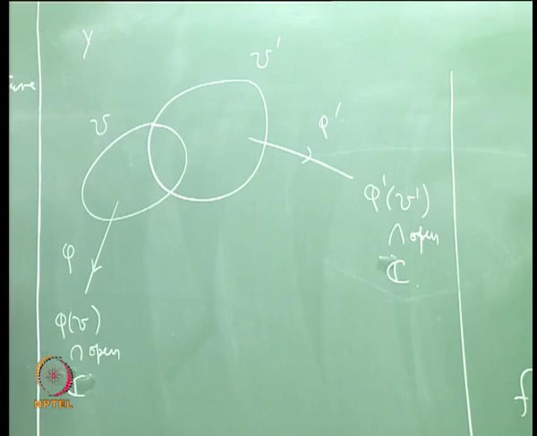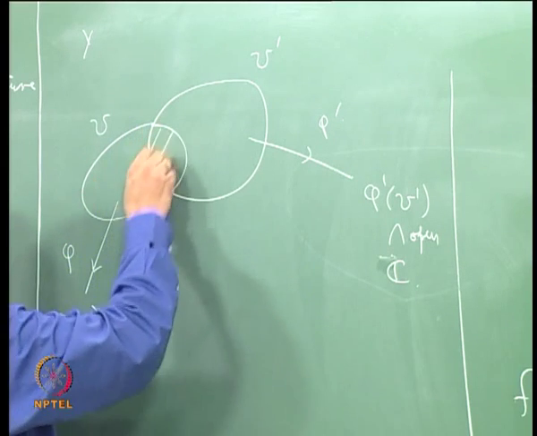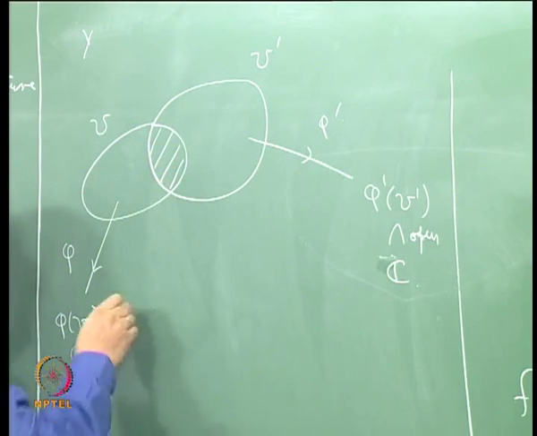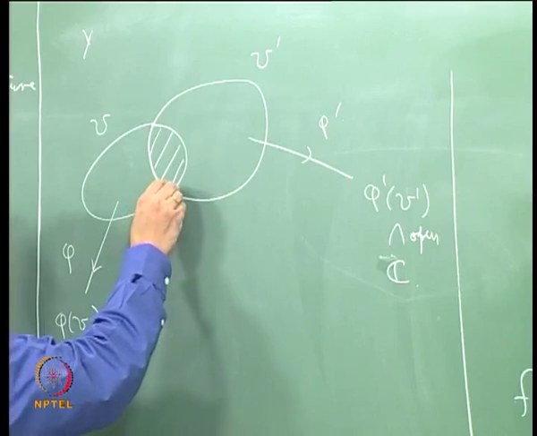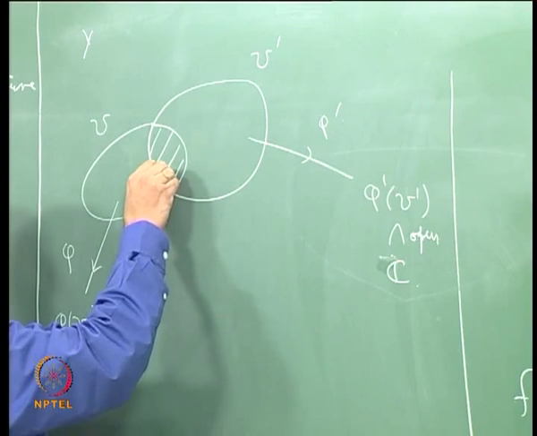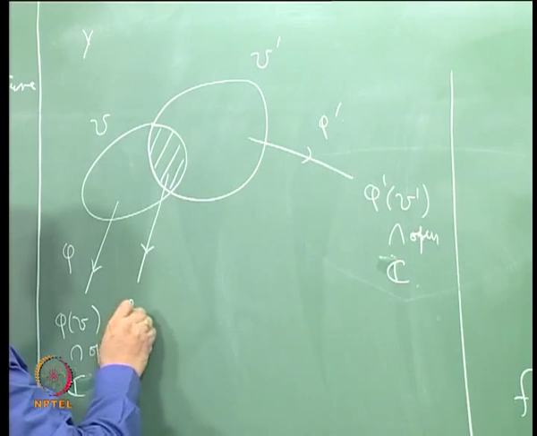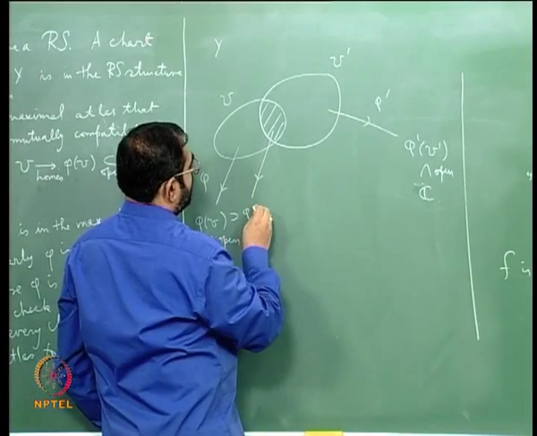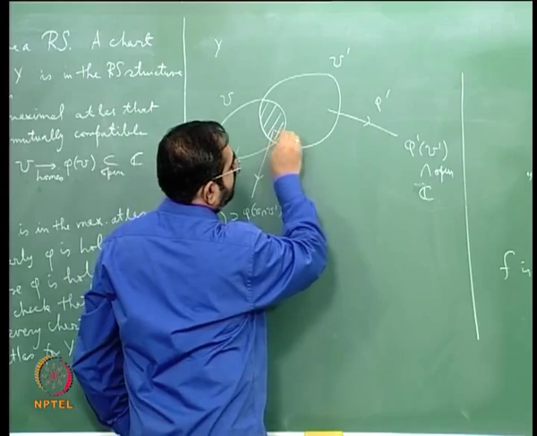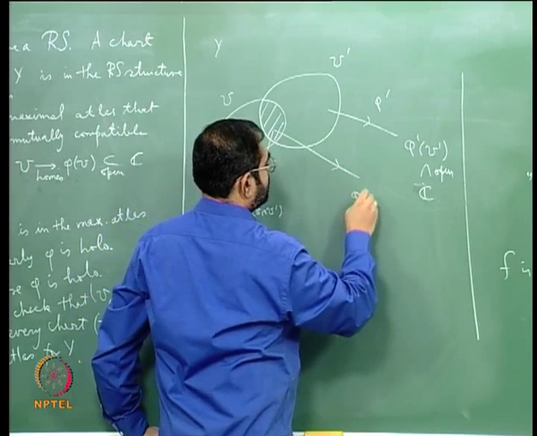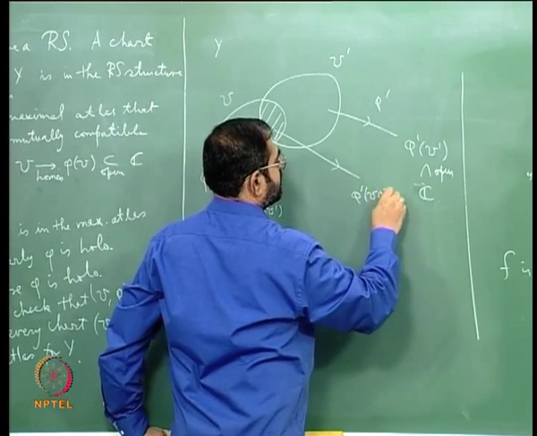And what is the compatibility of (U, phi) with (U prime, phi prime)? I will have to take this intersection, and I will have to write out the transition function and say that it is holomorphic. That is my condition. So the transition function goes from phi of U intersection U prime to phi prime of U intersection U prime.